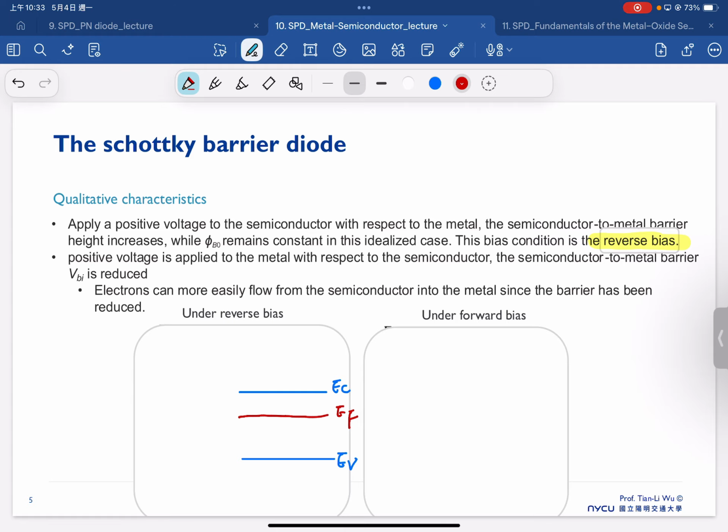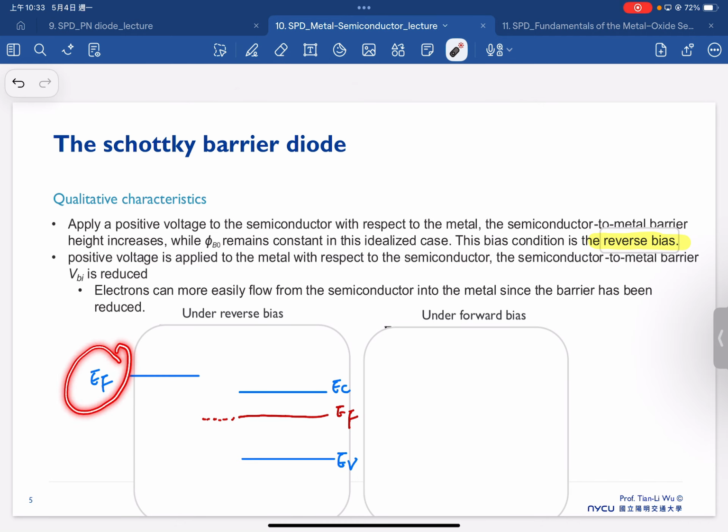So this is the n-type semiconductor. Now we apply the reverse bias. And therefore, the Fermi energy is not a constant in the whole system. There's a difference for the Fermi energy between the semiconductor and the metal. So this is EF in the semiconductor, and this is the EF in the metal.